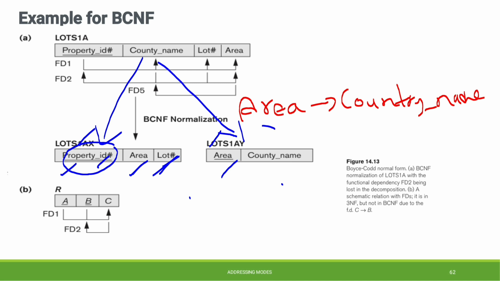In the other relation, area is the primary key, the prime attribute, which decides the only non-prime attribute here. In both of these, nowhere can we see a non-prime attribute deciding the value of a prime attribute. Hence these two are in BCNF.